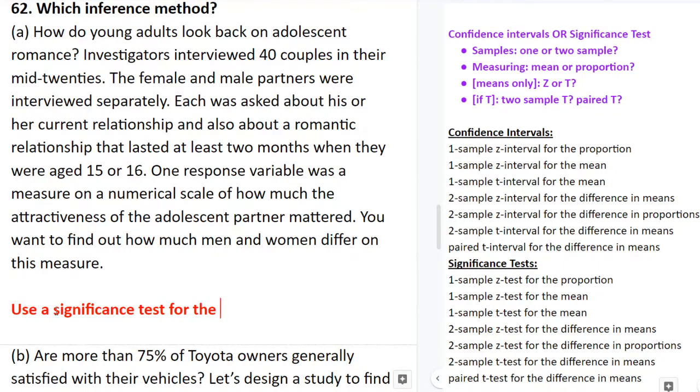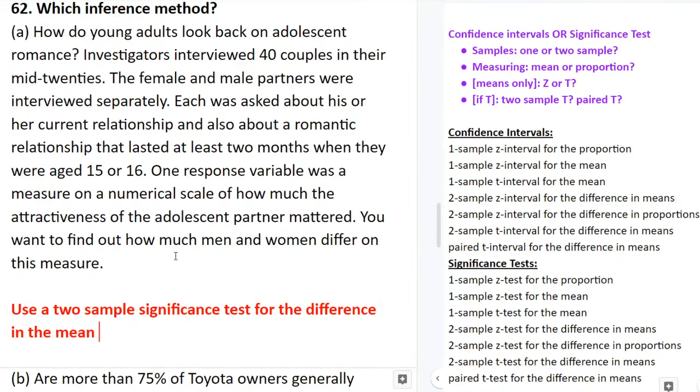Now the significance test would be a two-sample significance test, and you're looking for a difference in the mean rating of partner attractiveness.